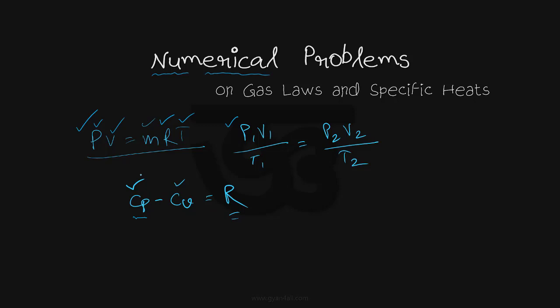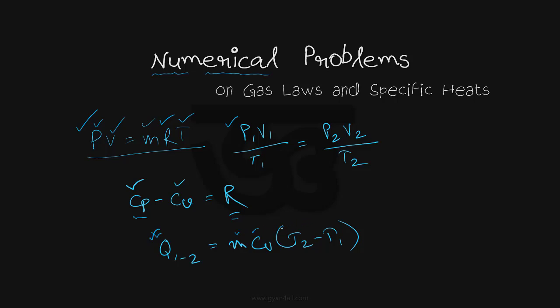Cp is specific heat capacity at constant pressure, and Cv is specific heat capacity at constant volume. And also we will use the formula for the amount of heat transfer during a process 1-2, which is equal to m Cv (T2 minus T1).